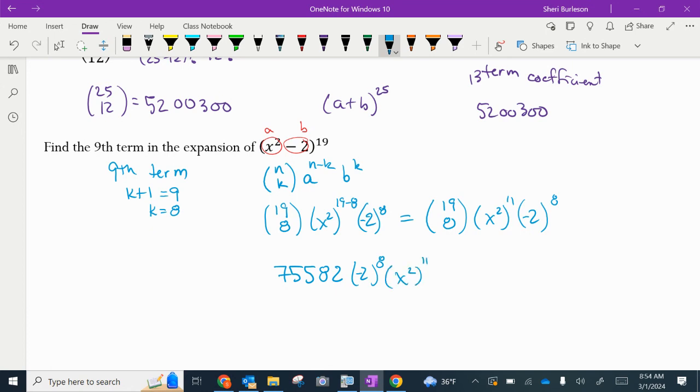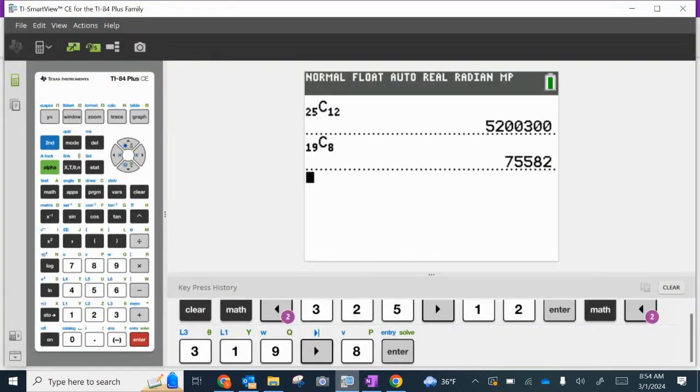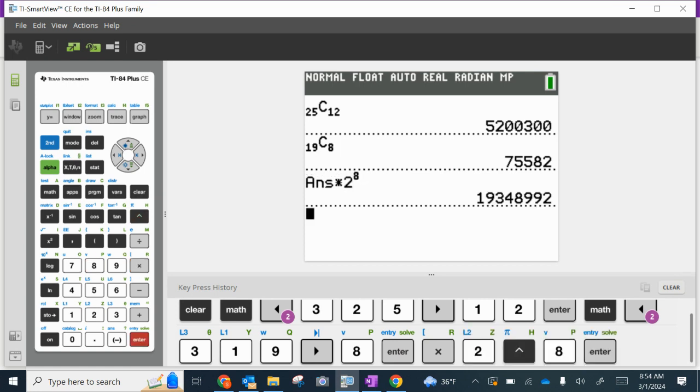So I'm going to put my numbers because that's going to make up my coefficient and then my variables. So now I'm going to try to multiply that by 2 to the 8th. Good. If I get a number that is an exact number, I write that as my coefficient.